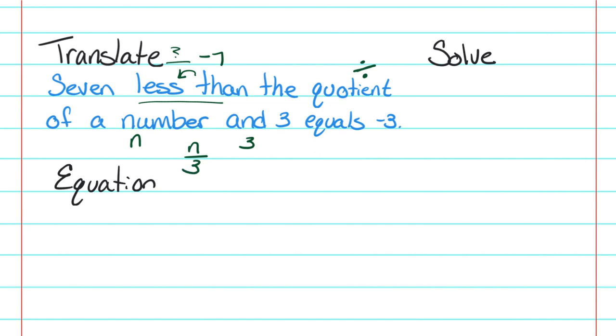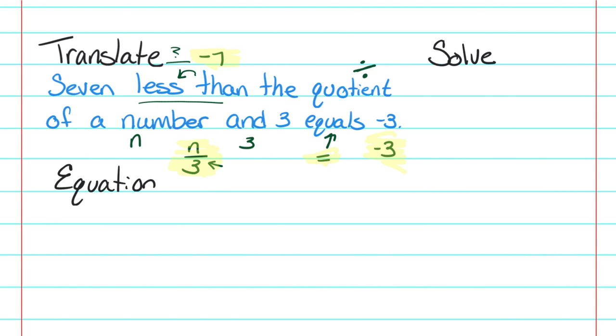That's how I write that right here. Equals, well, right there I just told you straight up, equals negative 3. So I know I have the quotient, I'm going to subtract 7 from something, and it equals negative 3.